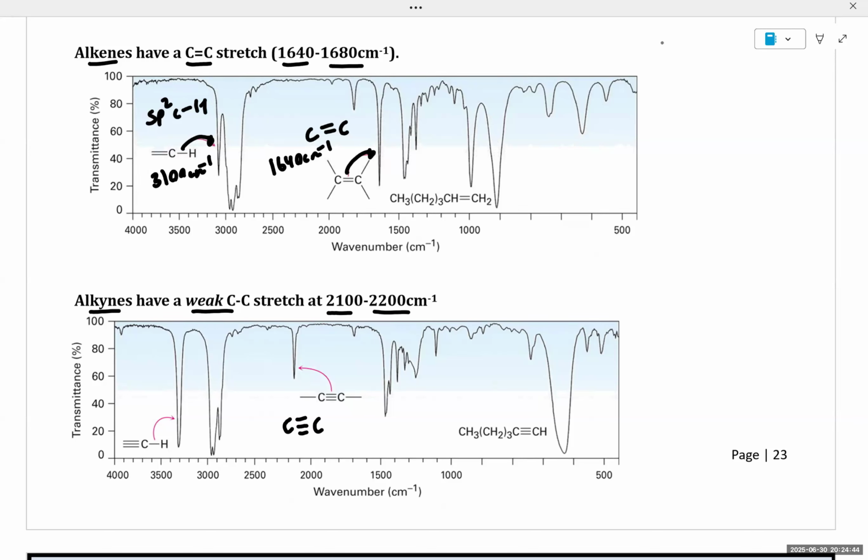So the carbon-carbon triple bond stretch is around 2,100 centimeters inverse, but you may not always see it. So always look for the sp CH stretch at around 3,300 centimeters inverse. So we can differentiate alkanes, alkenes, and alkynes based on the CH stretch and confirm an alkene or alkyne using the carbon-carbon double bond or triple bond stretch, respectively.